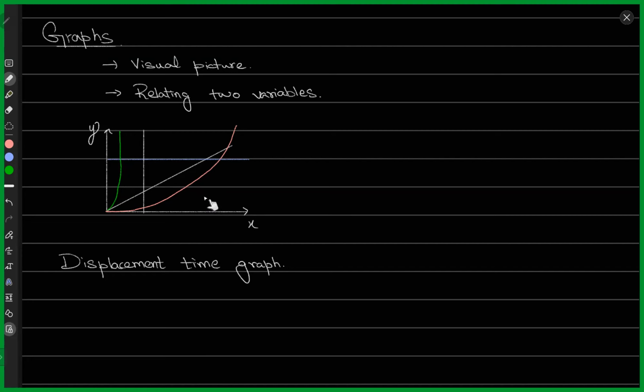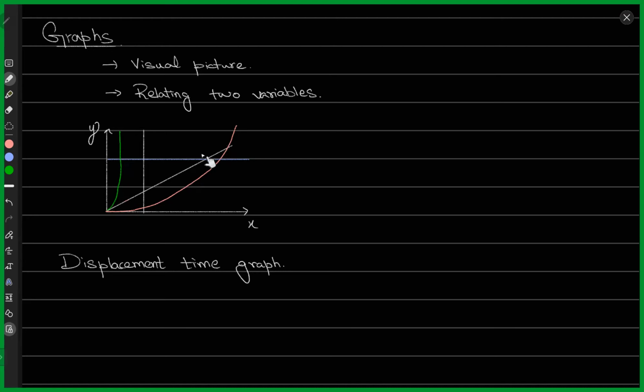Now, we can have multiple types of graphs. It could be a straight line like this. It could be a straight line which is parallel to the x-axis. It could be a straight line which is parallel to the y-axis, it could be curved as well.